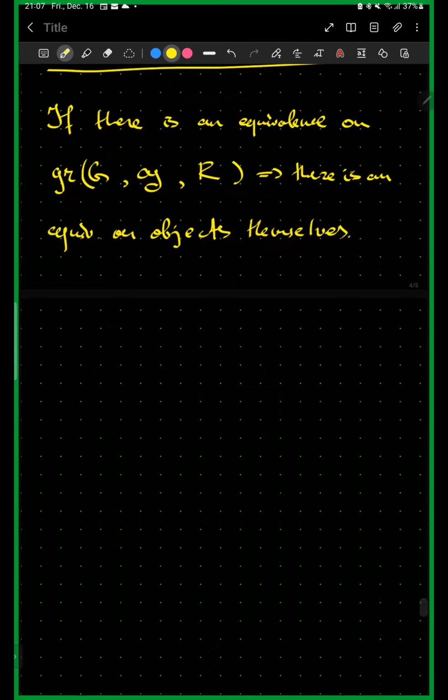And to show that we have an equivalence on graded objects, well, basically, we just need to consider this component.